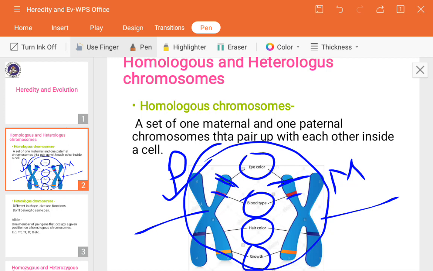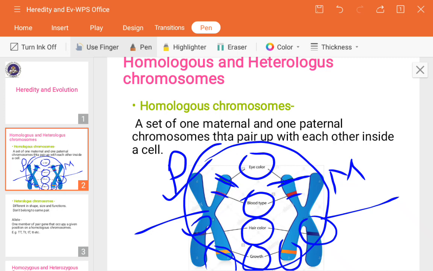Same here for the blood type, the growth and the hair color. So whenever the chromosomes are transferred from both mother and father, both are present in a corresponding way.